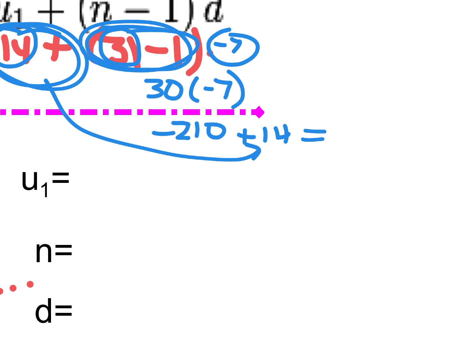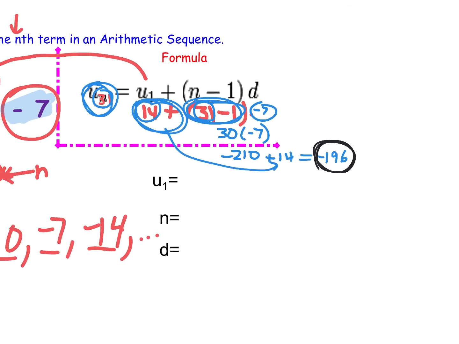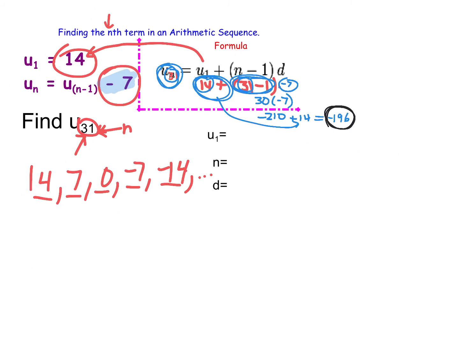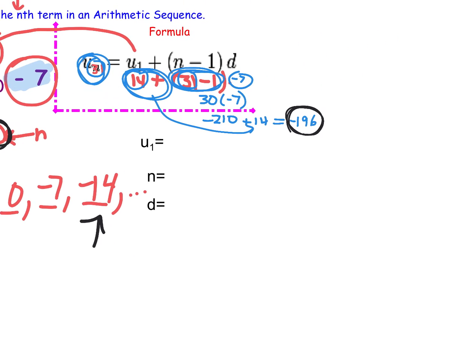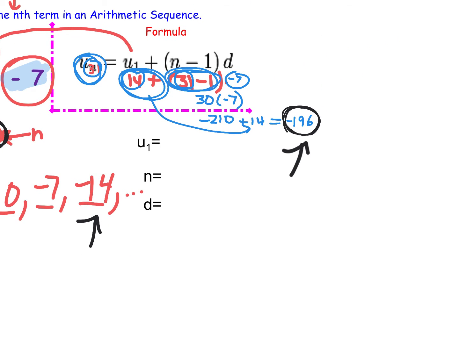So it's negative 196. And there it is. That is the 31st term. If you had just done this on the calculator, it would have given you negative 196 when you got there.